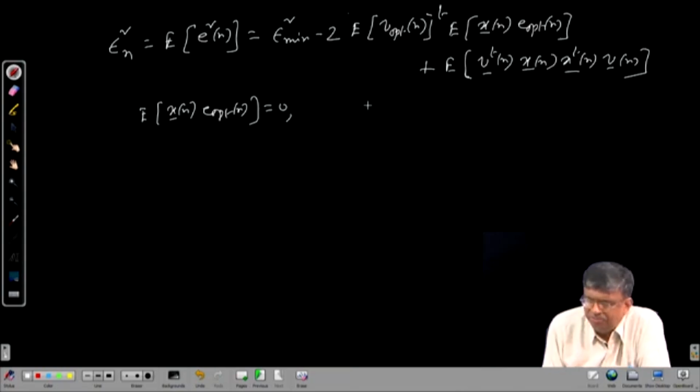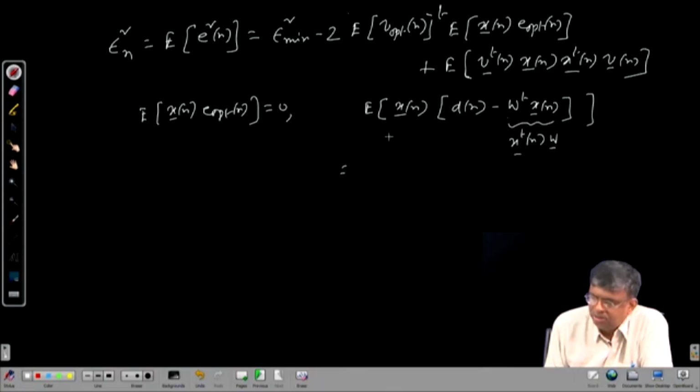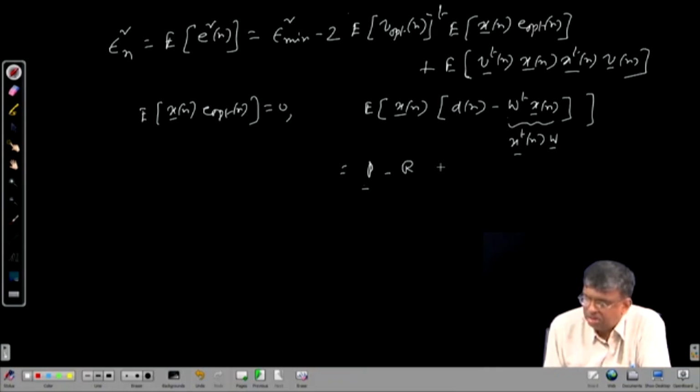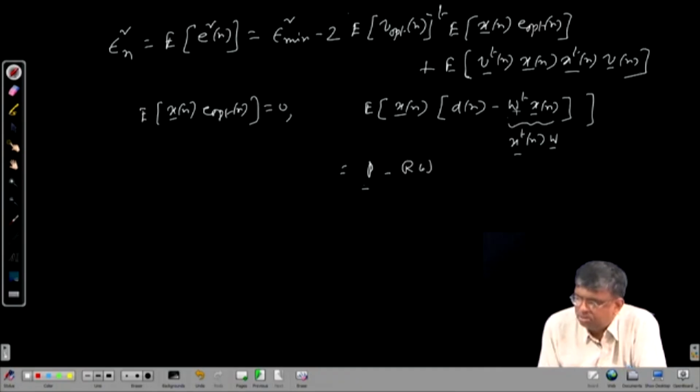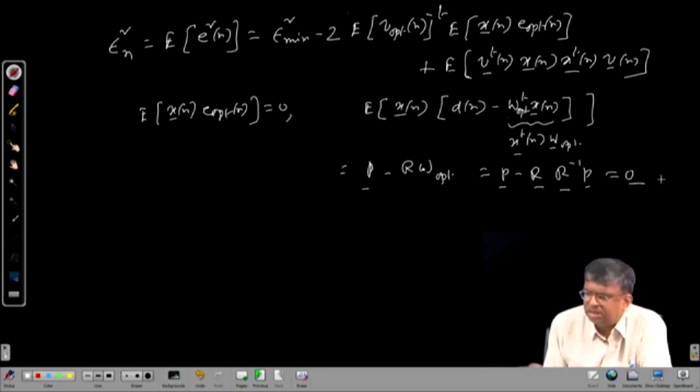You can write E of x n and E of 10 as d n minus W transpose x n, and W transpose x n is the same as x transpose n W. Then you write E of x n d n, that is the p vector, minus E of x n x transpose n, W is constant so it goes outside, E of x n x transpose n is R, and W. Under W opt, it is W opt, and W opt is R inverse P. So, P minus R inverse P. So, R inverse cancels P, so it is 0. This is exactly what we did last time.